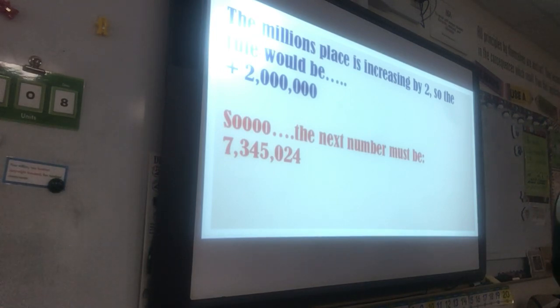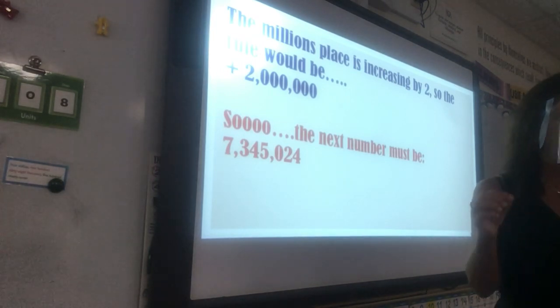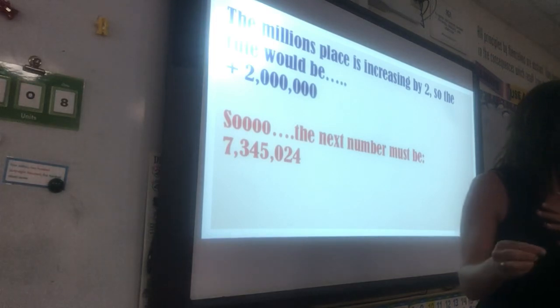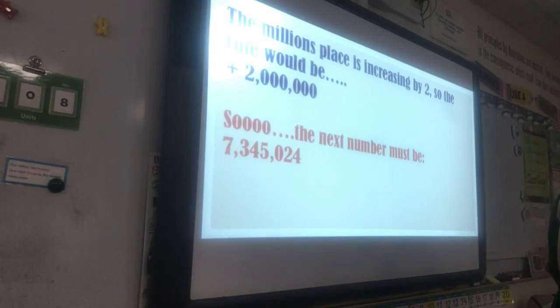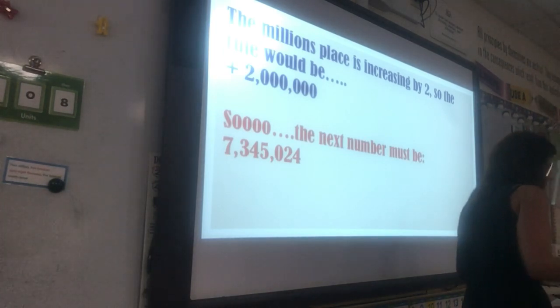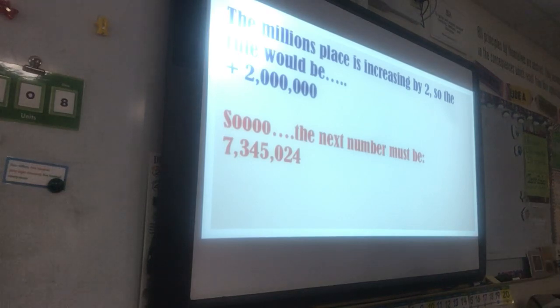The next number is 431,590. Okay, if you look at these, the only thing that's changing is the very first digit. And it went from 2 to 3 to 4, but it's in the hundred thousands place.